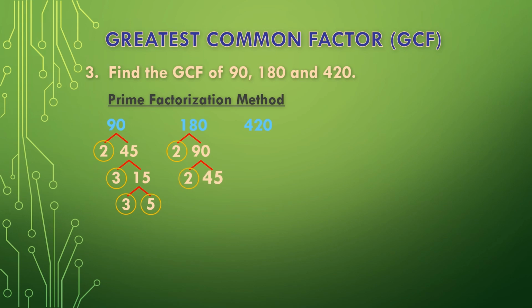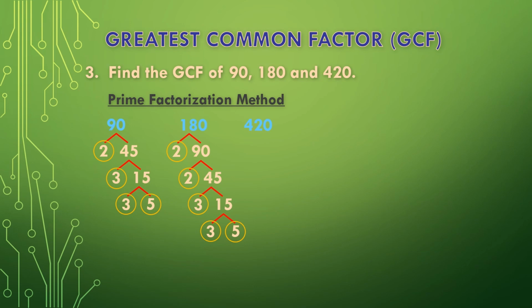Let's now factor 45. 3 times 15 is equal to 45. 3 is a prime number, so let's encircle it. Next, 3 times 5 is equal to 15. 3 and 5 are already prime numbers. We can't break them down further, so let's encircle them.